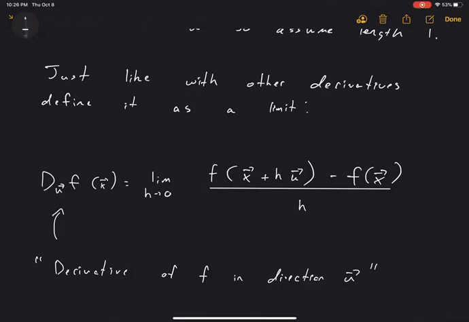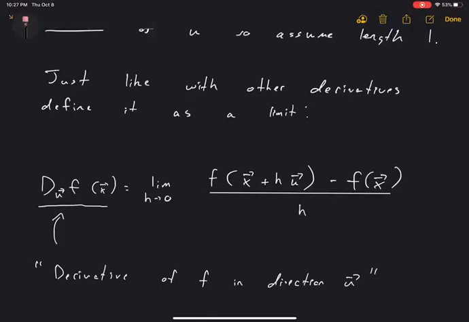This is our notation now, and we're going to define it as this limit, the limit as h approaches 0, where h is just some real number. It's the limit of f of the vector x plus h times the vector u. This h is a scalar, and we're multiplying it by this direction vector u. Then we're subtracting f of x, and dividing by h.